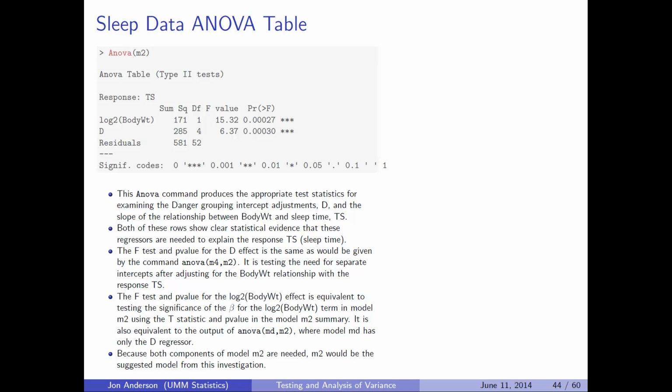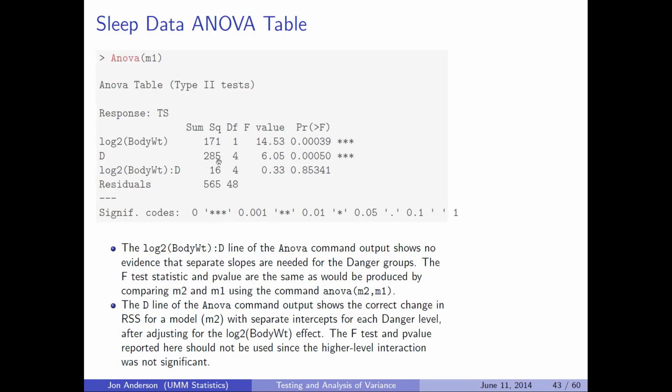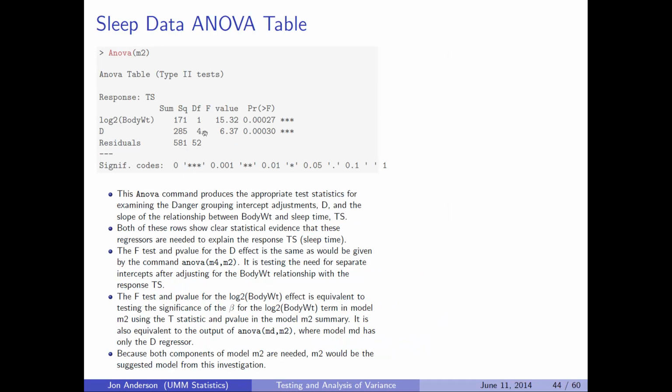If you wanted to study that, you would do the ANOVA command on the M2 main effects model, and you would get the right sum of squares, of course, the 285, as we suspected, but the F-test would be appropriate to the model M2 F-test.